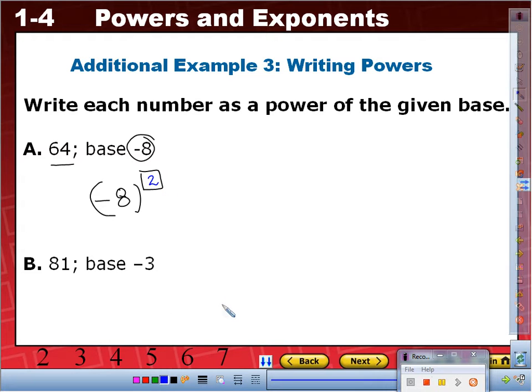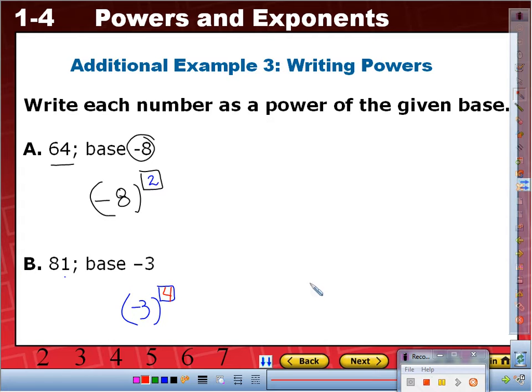Okay, and let's look at this one. Once again, don't say it out loud. The base is -3. That means I need a parenthesis, and I need an exponent here to give me what? 81. Think about it. What number goes there? -3 times itself. How many times gives me 81? Who said 4? Okay, hold on.